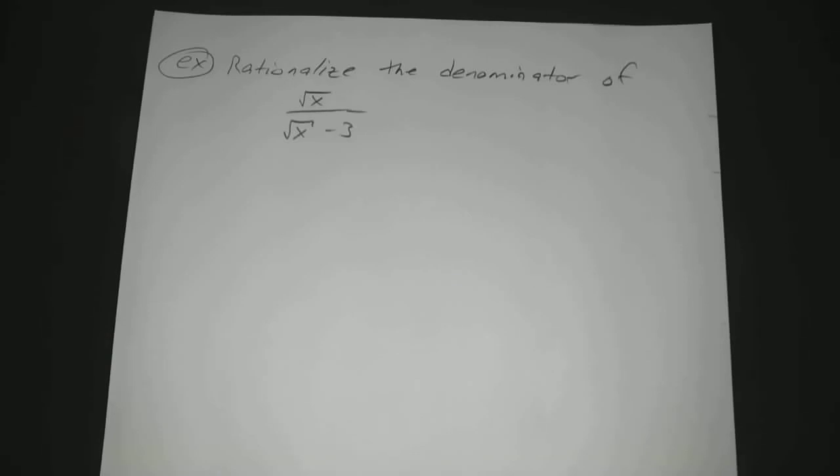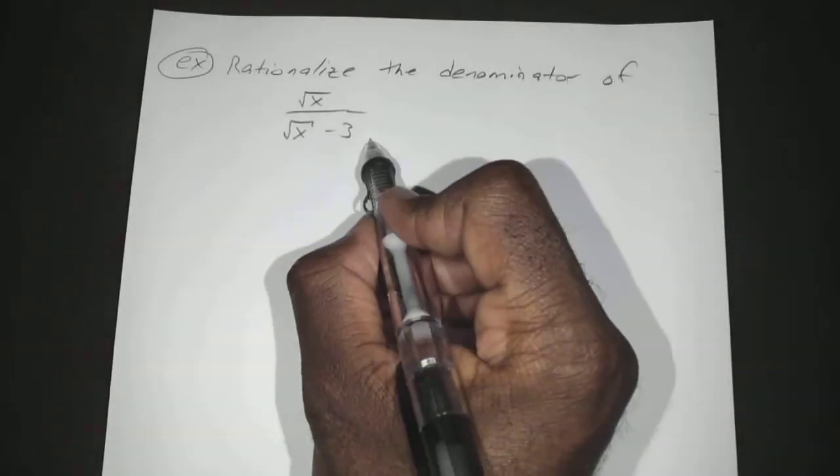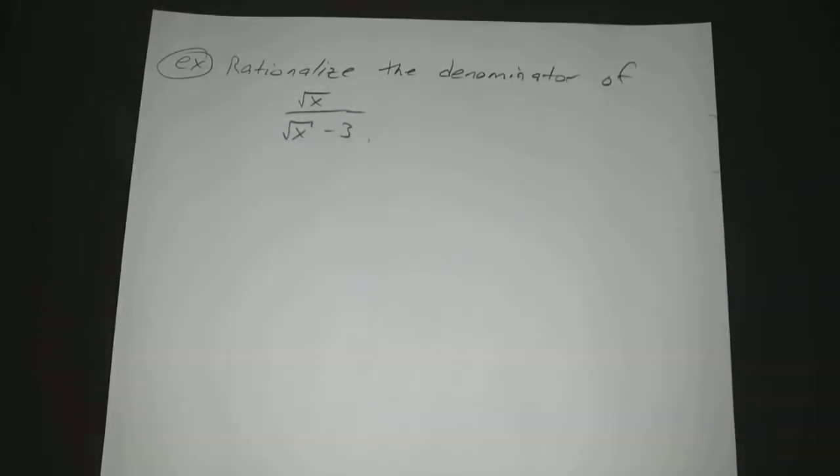Now this one's a little different from before because before you only had one term. And whenever you have one term, you just multiply it by however many root values you need, and you'll be okay. But when you have two terms, you always have to multiply it by its conjugate. And that's literally just a fancy name for changing the sign.